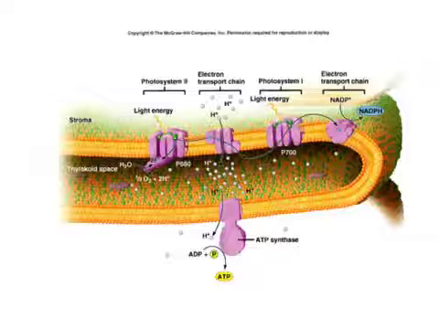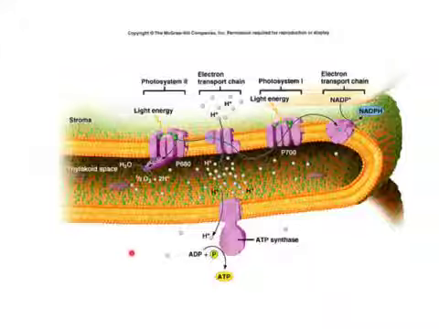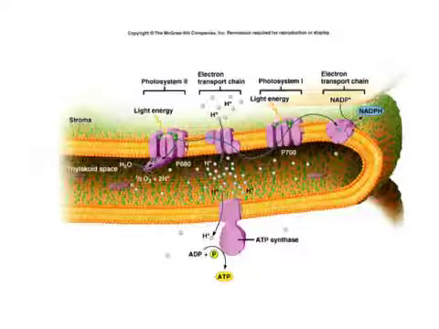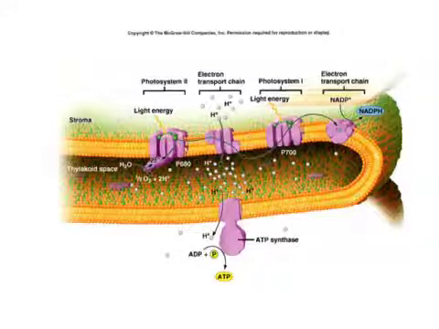And down here you can see photolysis happening in the inner space where it replaces the lost electrons and it gives off oxygen as waste, and it provides hydrogen ions to the inside. Here we can see where these electron transfer chains are bringing hydrogen ions in. And here again, photosystem 1, same thing happening, light energy being transferred down the chain, but going to make NADPH instead.